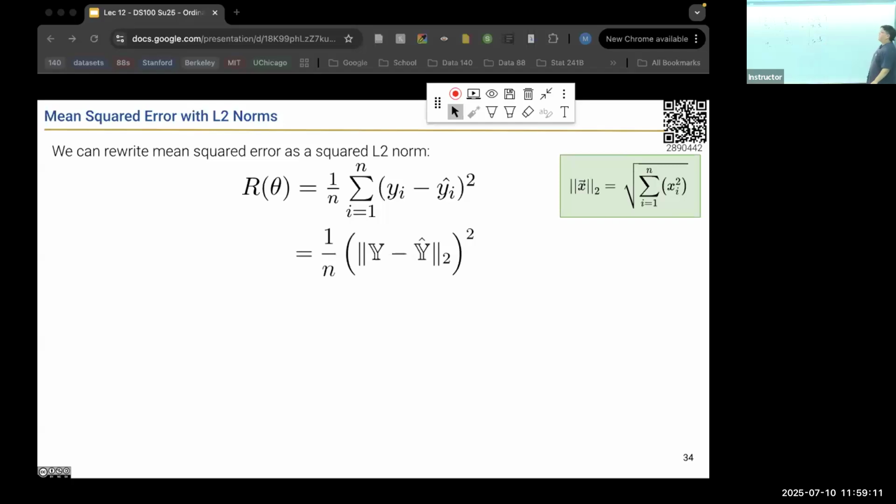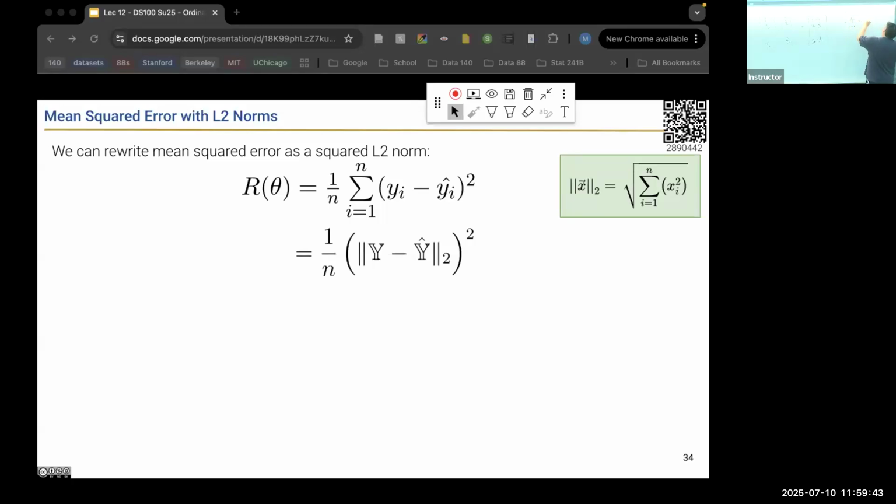Then if you take the L2 norm and square it to get rid of the square root, you square the first entry, so y1 minus y1 hat squared, plus y2 minus y2 hat squared, plus all the way to yn minus yn hat squared.